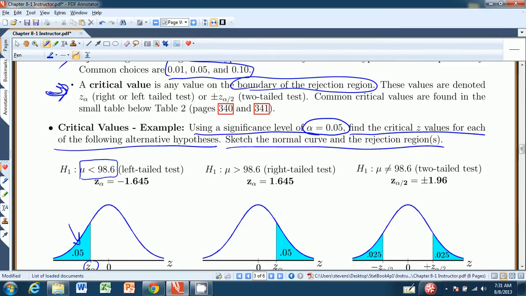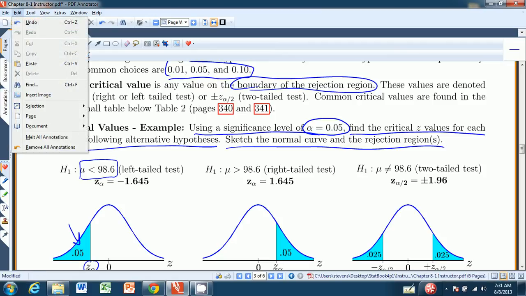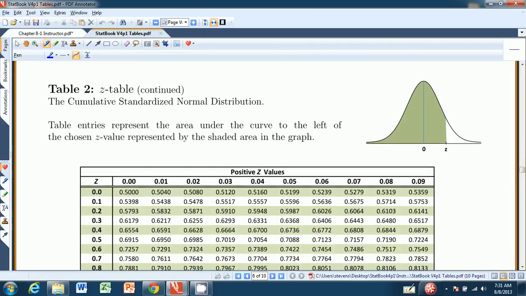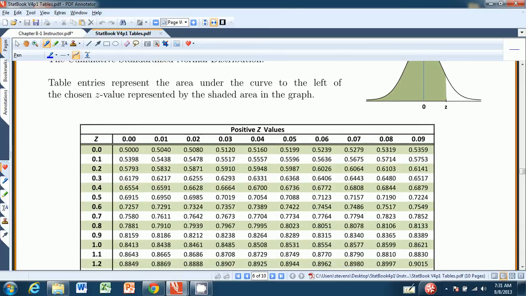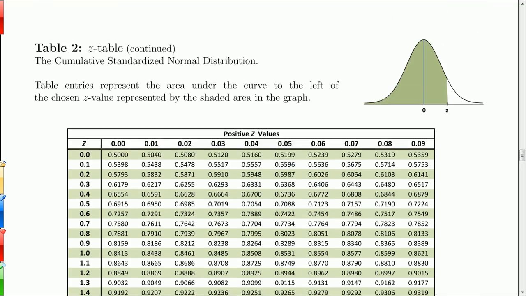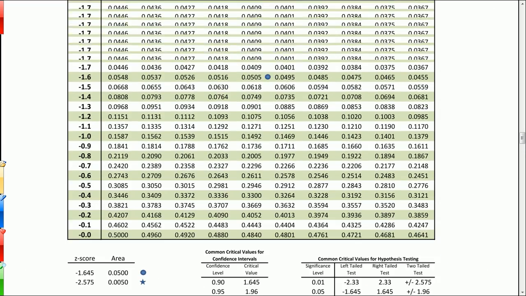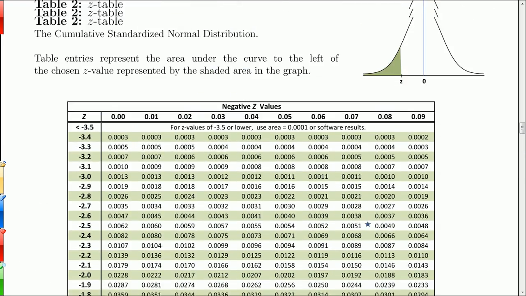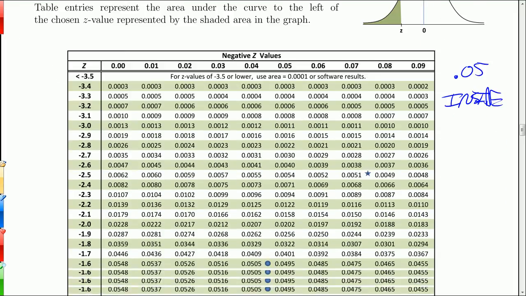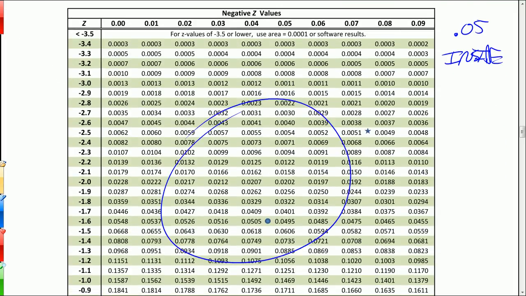If I put 0.05 in the left tail of my z distribution, I'm going to have to find that. Okay, so now we'll go back. I'm looking to put 0.05 in the left tail, so I know I'm going to be in the negative zone. All right, negative z. I'm looking for 0.05 inside the z table, and when you look around, that's inside here.